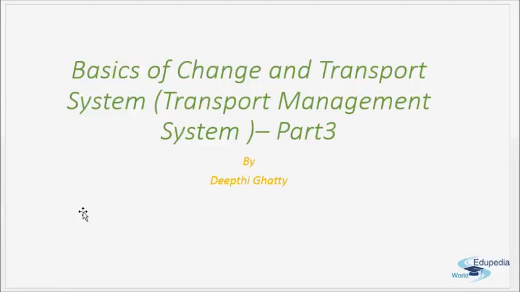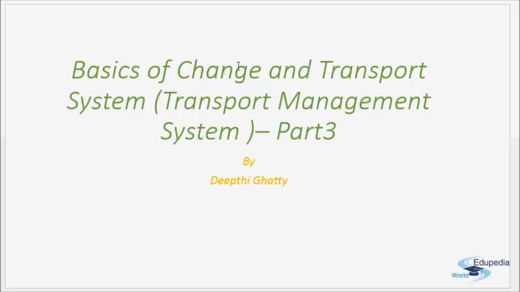So now we are in the part 3 video of basics of change and transport system. In the first video we have learned about the different types of data and the CTS, the change and transport system. We have learned about the repository data and the customizing data. Part of the data could be client specific or cross client.